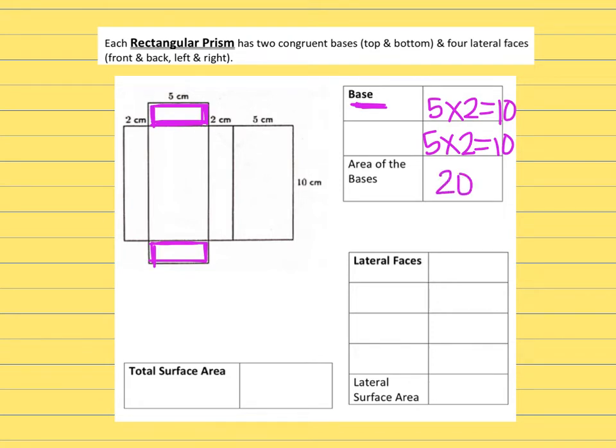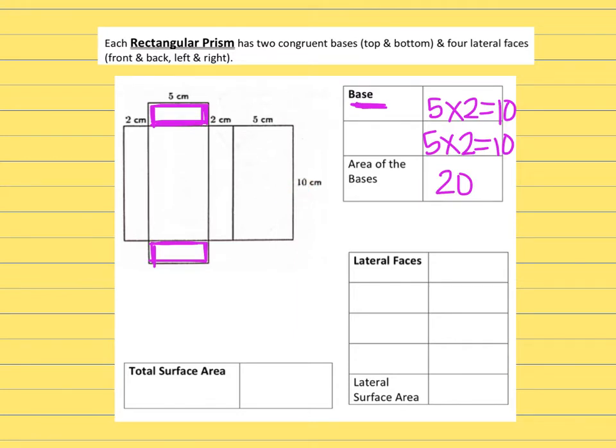Then the other portion of this shape, which are these tall rectangles, which would make the sides, the front, the back, the left, and the right, those all make the lateral faces. When you look at this rectangle that's on the end, it already has both dimensions. It has the 5 and the 10. And if you notice, the lines that continue to go down all the way across the center of the shape are also 10 because they match up with this one.